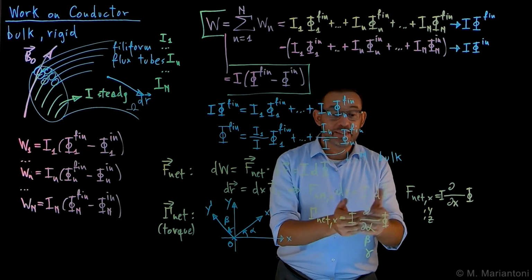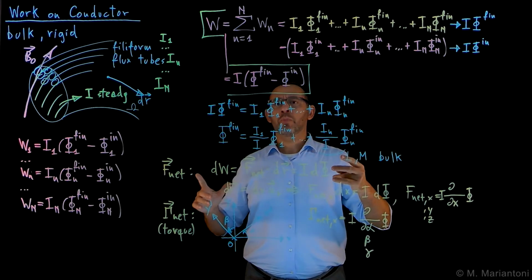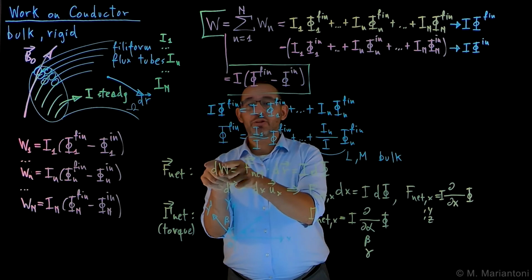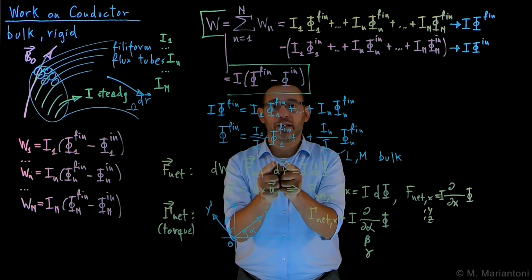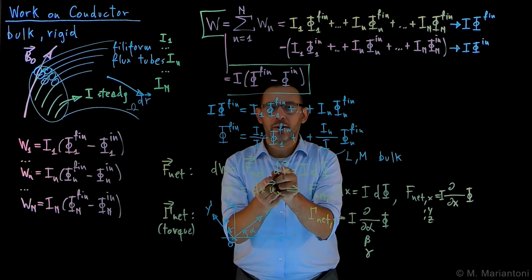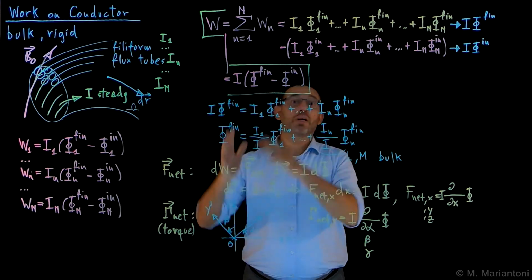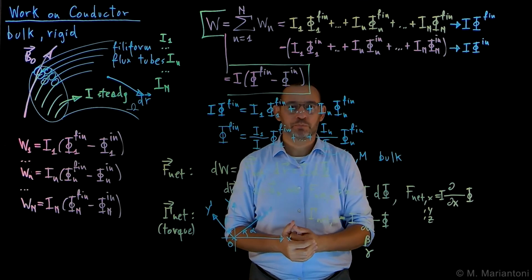That's why we are differentiating with respect to alpha and beta as variables. In addition, another interesting point worth pointing out is that the reason why dW is infinitesimally small is because I'm translating the whole bulk conductor by dr, and it's not because the net force is infinitesimal. This is the net force on the entire conductor, so it's finite, but the translation is infinitesimally small. And that's it.